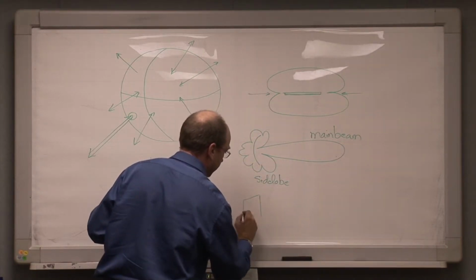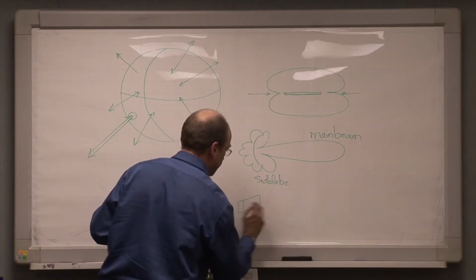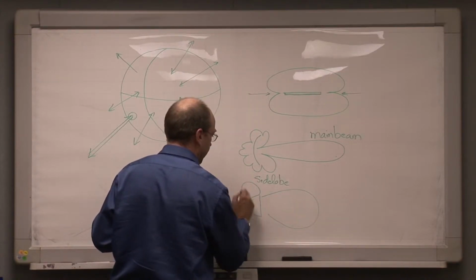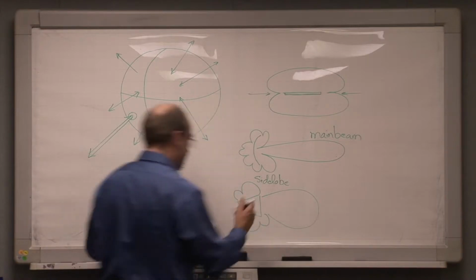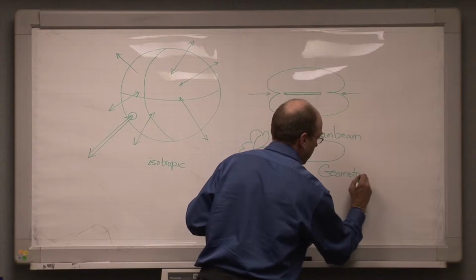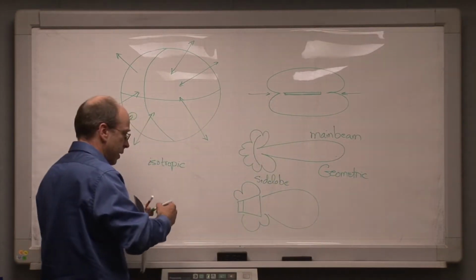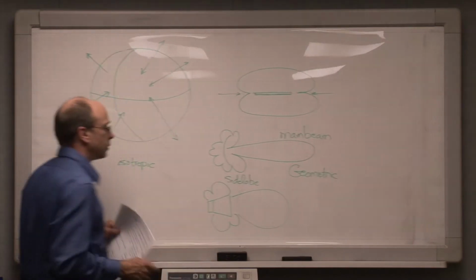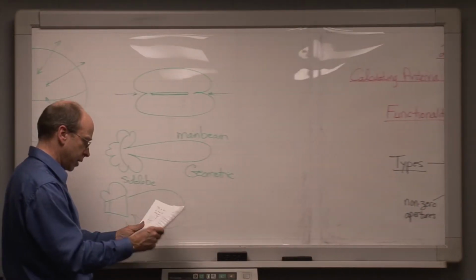Same thing for horn antennas. Here's a horn seen from above or from the side, as the case might be. And again, the horn is going to have some kind of directivity in space. And this is obviously a geometric characteristic of an antenna as opposed to an electrical characteristic that we get with the impedance matching.